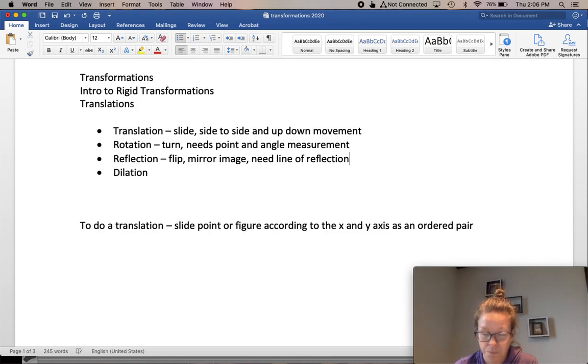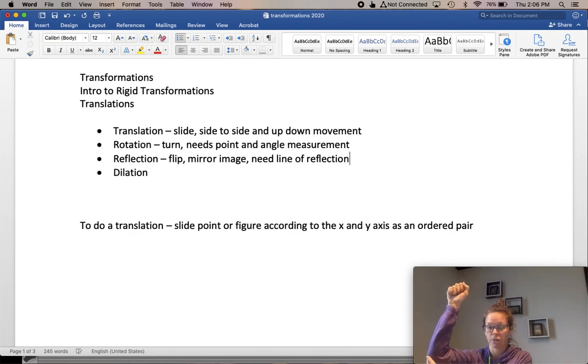Now, one important thing to note in all 3 of these: a translation is going to take our figure and move it up and down and side to side. I'm having trouble staying on my screen here. So it's just up, down, side, side kind of movement to a new place. My fist didn't change size, okay? Just moved to a new place.